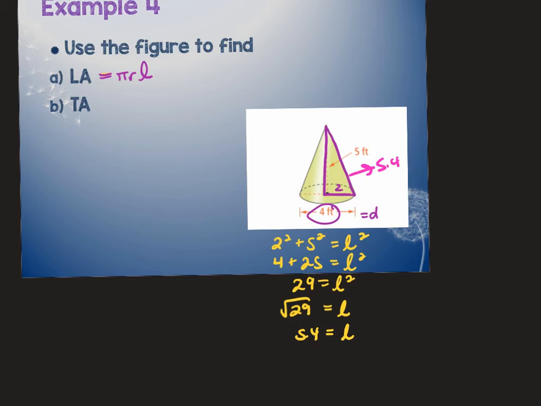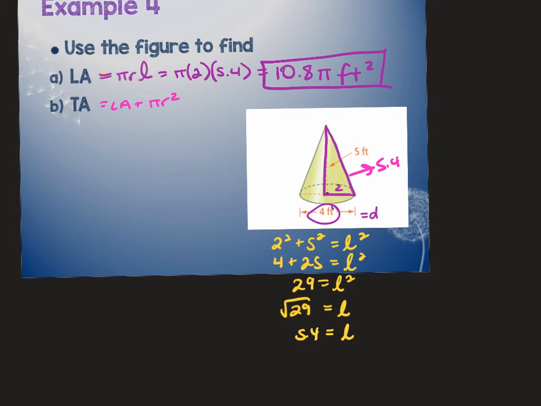Now I have all the pieces of information I need to plug into the equation. For lateral area, it's pi, the radius is 2, the slant height is 5.4, and I get 10.8 pi feet squared. For total area, it's lateral area plus pi r squared, or pi r L plus pi r squared.